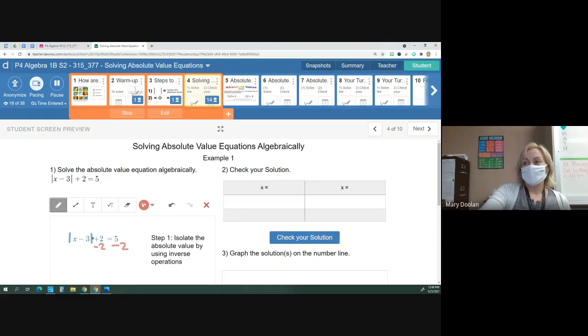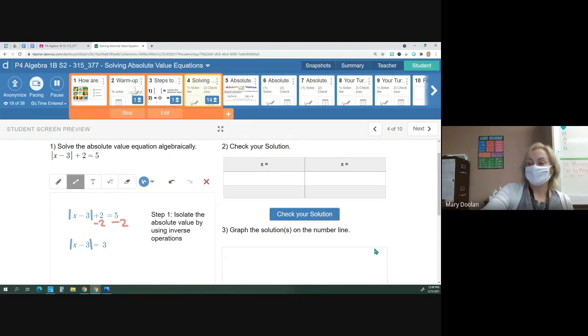Because I want to get these constant terms together, and since I'm trying to get the absolute value by itself, I need to get this 2 out of here, and then I can rewrite my equation as the absolute value of x minus 3 equals 5 minus 2 is 3, and then draw in my absolute value bars. So that was step one, isolate the absolute value.